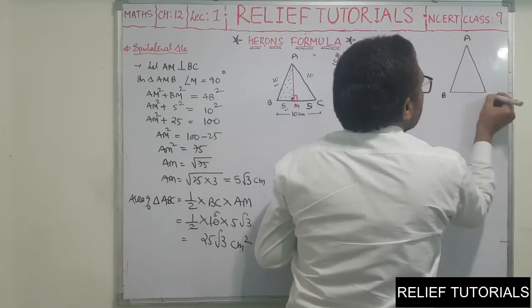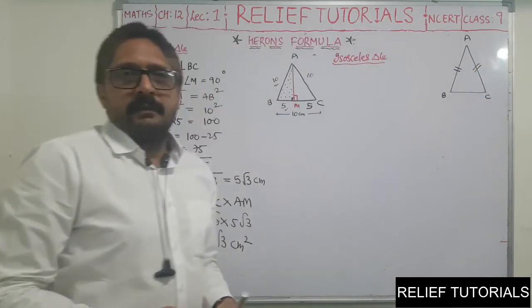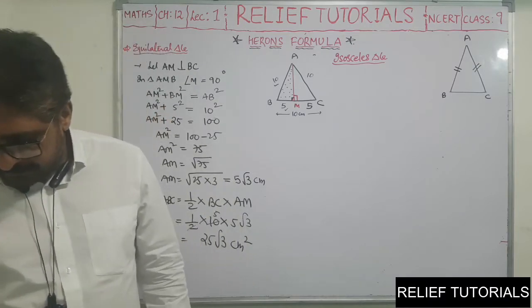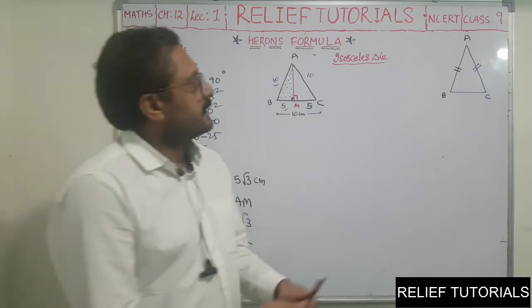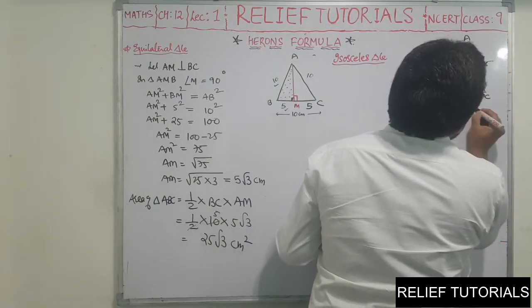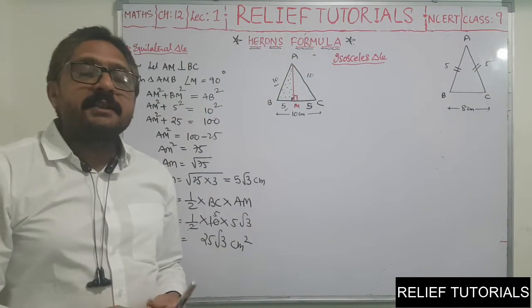See, A, B, C. These two sides are equal. And you want to find the area. Here the measures of all three sides are given. So we'll take this 5 centimeter, this is also 5, and this will be 8 centimeter. So the measures of the three sides are given, the altitude is not given.